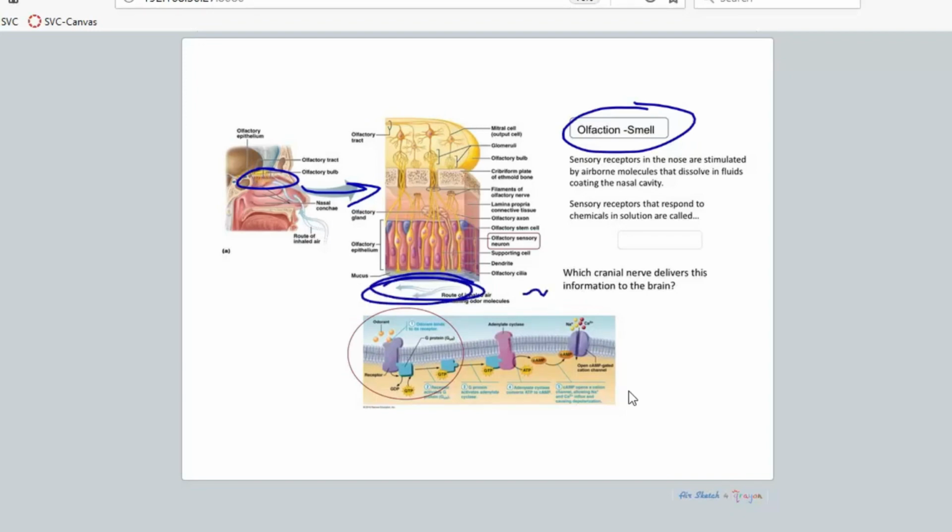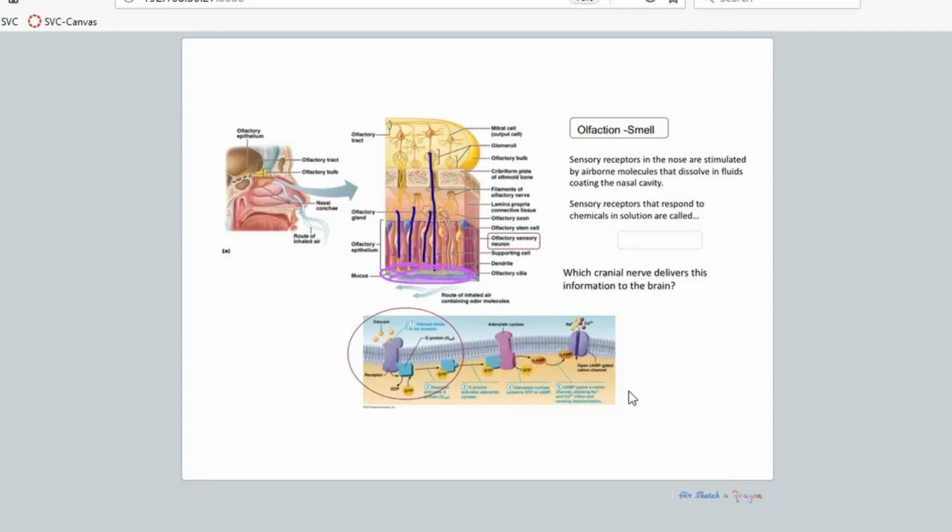This is where airborne chemicals, odor chemicals, are coming through. And these are actually the sensory neurons right there. These are the sensory receptor regions, and then these are all the sensory neurons that take that information toward the brain.